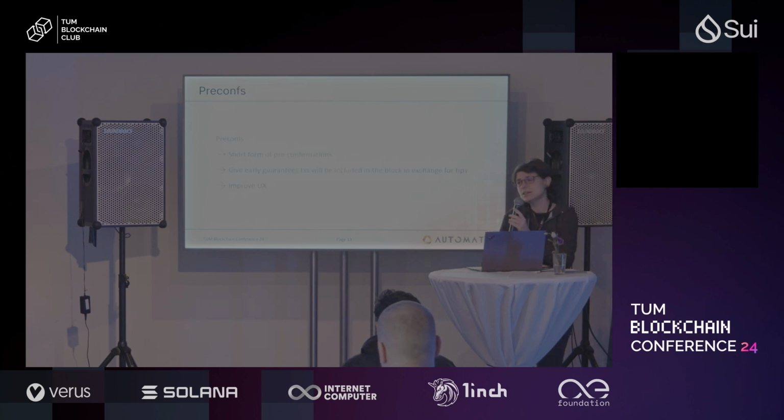And lastly, I would like to talk about how MEV BooTEE can be extended to support pre-confs. Pre-confs is short for pre-confirmations, and these are credible commitments that a transaction will be included before finality actually happens. It's a very hot topic, especially in the context of based rollups, because based rollups will use Ethereum as a sequencing layer.